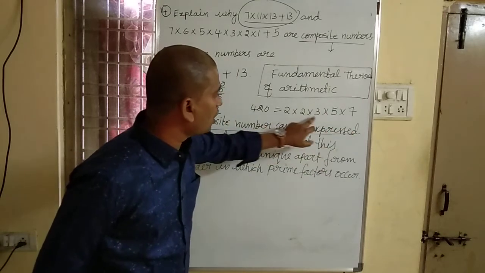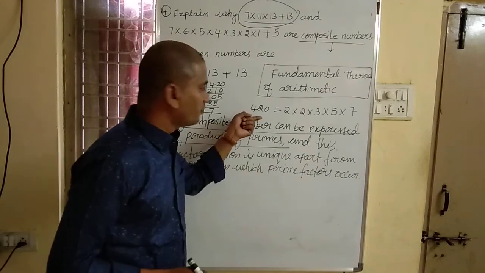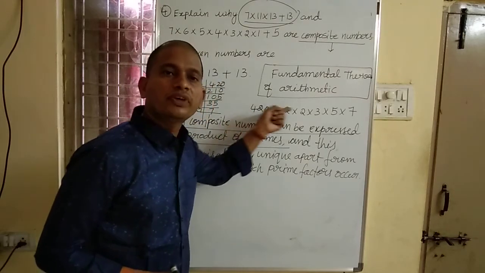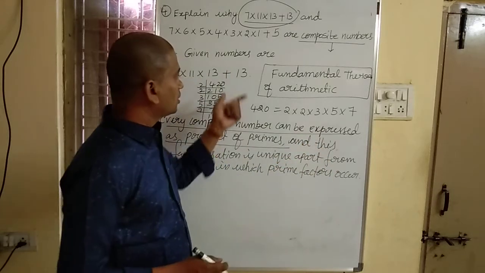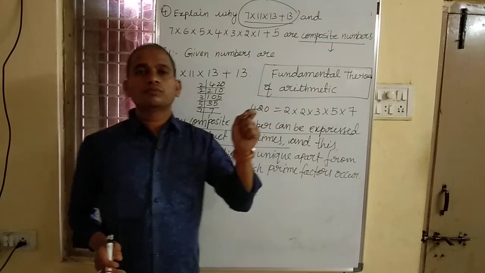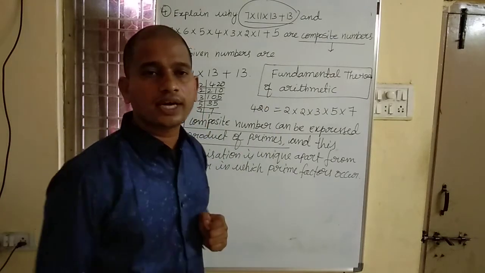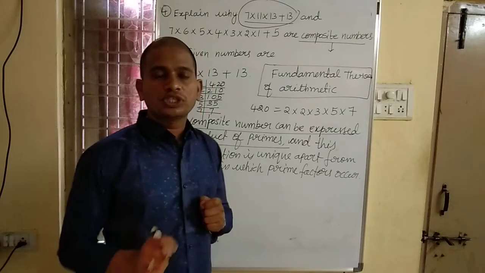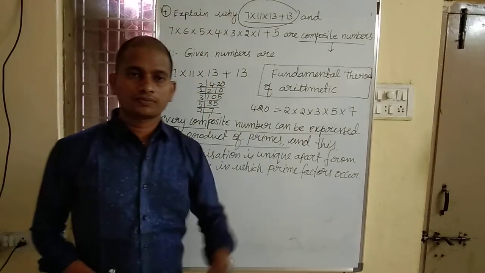Here these all are prime numbers only. See, 420 is a composite number, we expressed it as a product of primes. Hence the fundamental theorem tells us that every composite number can be expressed as a product of primes. Keep that in mind.